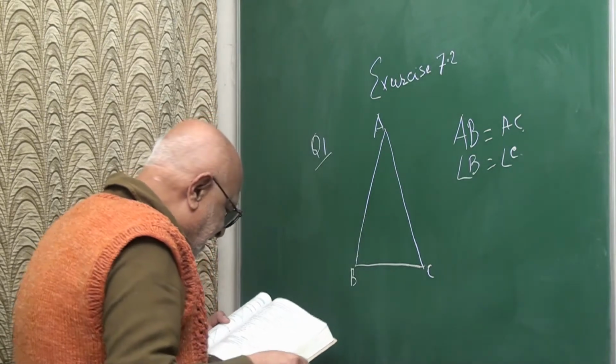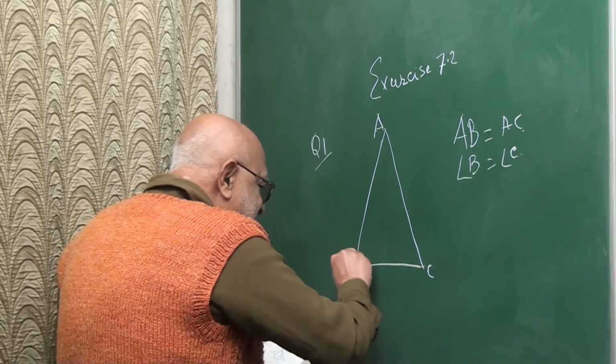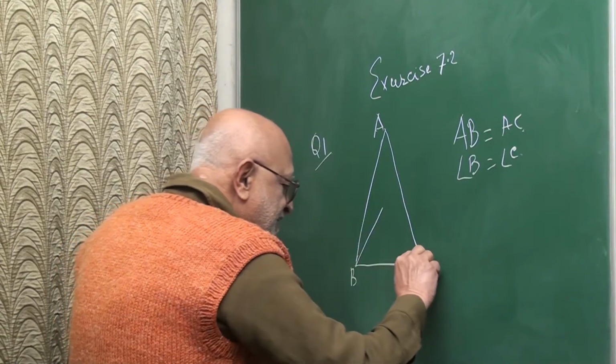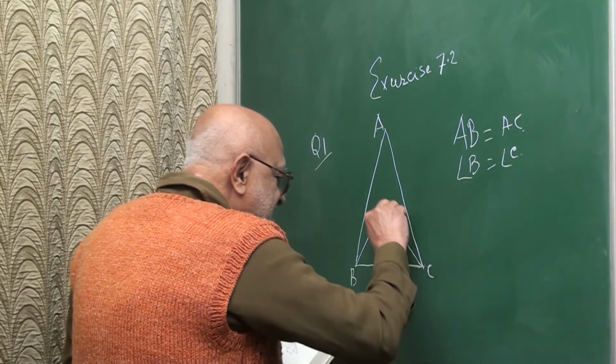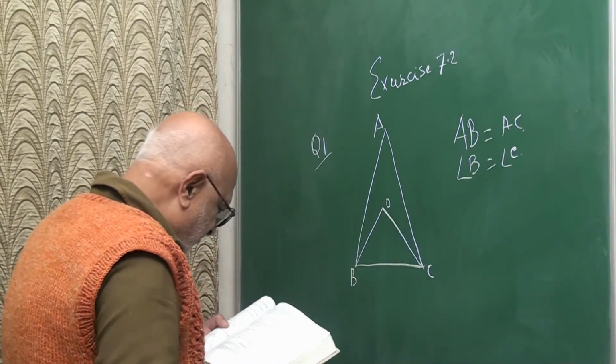It says that the bisectors of B and C intersect at O. Okay, fine.